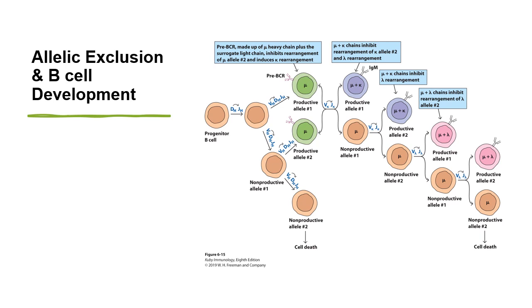It's got 6 different stages where it's got a chance to make a functional receptor. And if it fails at all of those 6, especially if it fails in these first 2, it dies. But if it fails after that, it's got 4 more options to try to get through and make a working light chain. This is why if it makes a heavy chain, it almost always successfully makes light chain recombination, because you've got 4 shots at it.